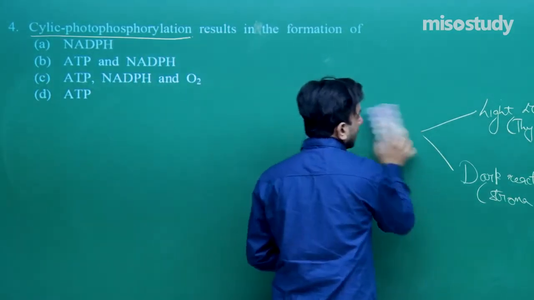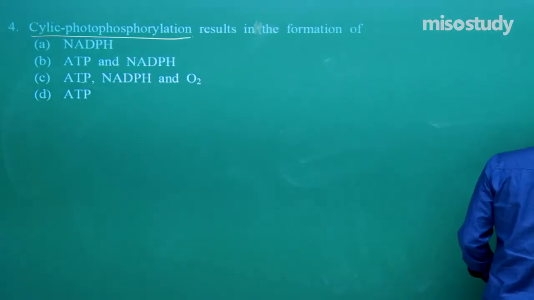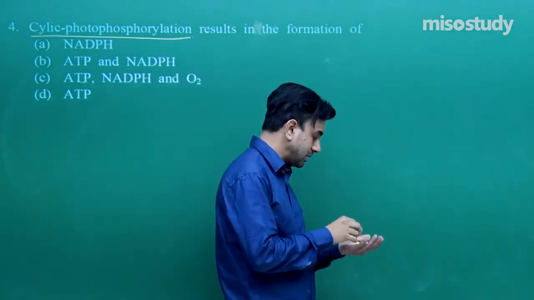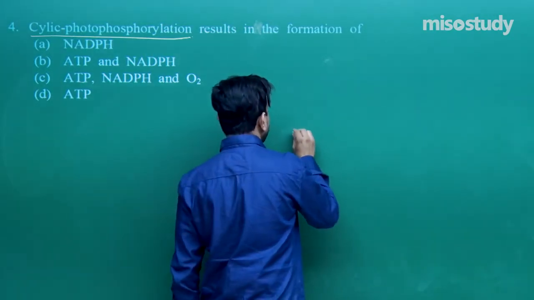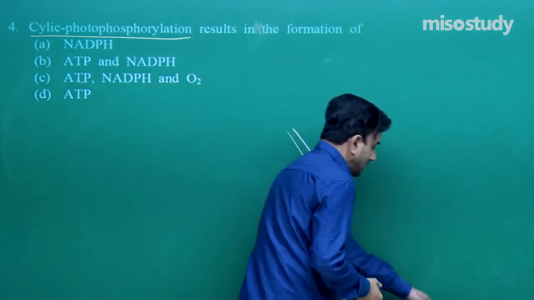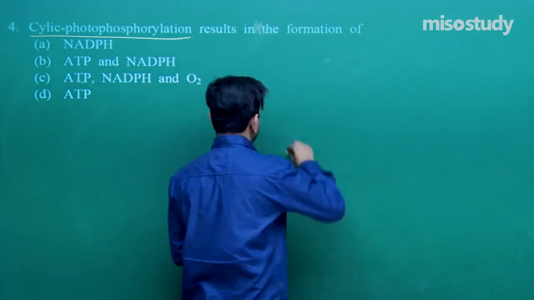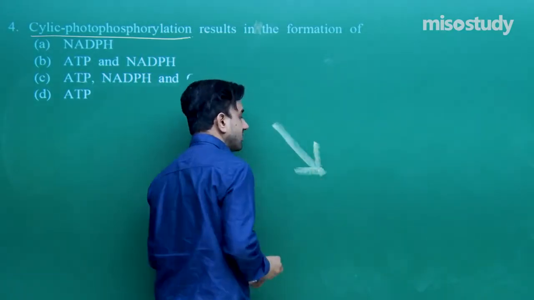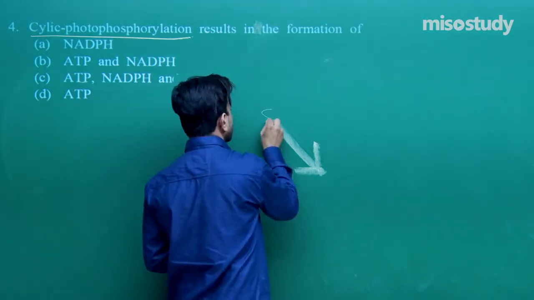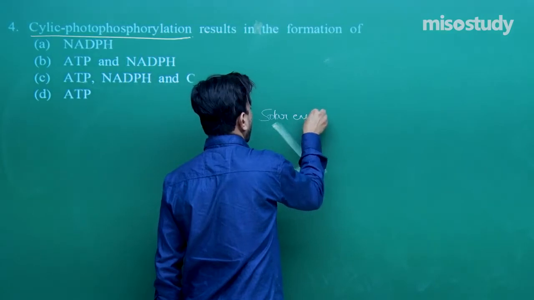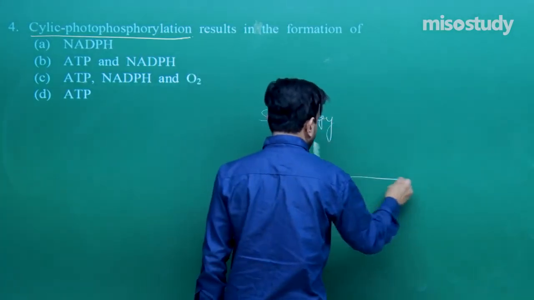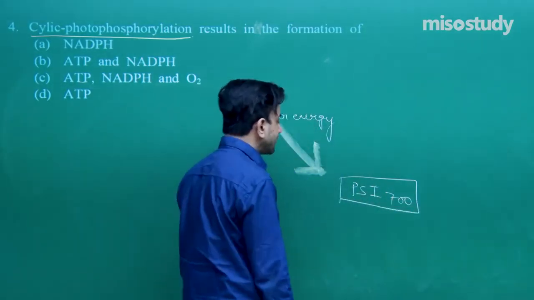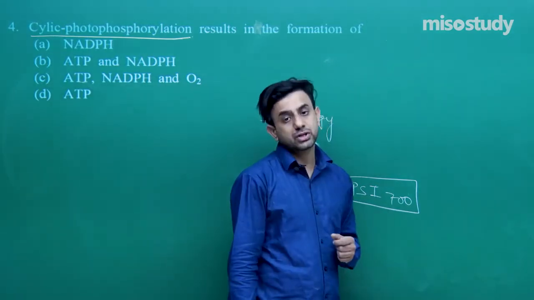I'm not going to go into too much detail. When we write the basic thing, if this is the solar energy, and this is photosystem 1, PS1 700, then this is the reaction center chlorophyll A, which is the reaction center of any photosystem.